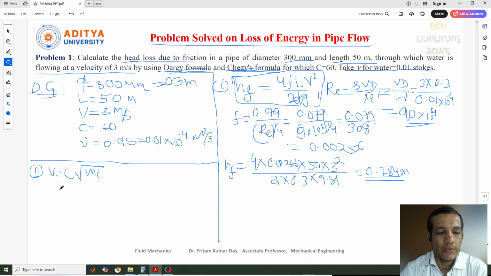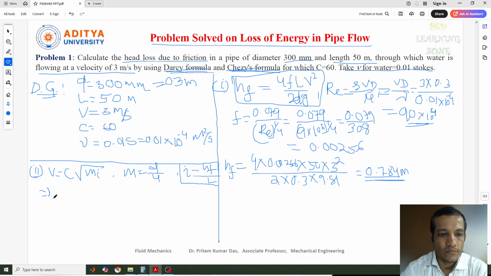But in this formula there is no hf, because here we need to consider the value of M. We have considered M equal to D by 4, and I equal to the head loss per unit length. So first of all we need to find out the I value, then we will go for this head loss calculation.